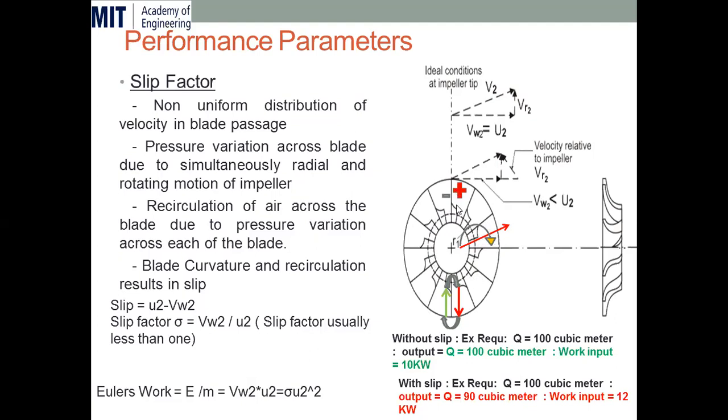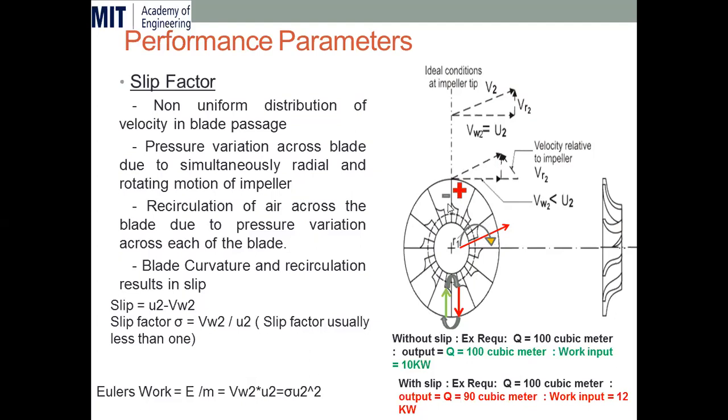Due to the pressure variation across the blade, at one edge of the blade we have the maximum pressure, that is higher pressure, that is positive pressure, and on the other side of the same blade we get lower pressure due to the aerofoil shape. This pressure variation results in small recirculation of the air across the blade.